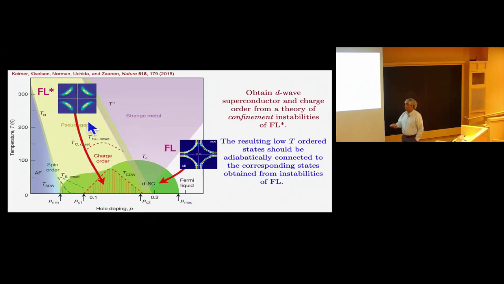In fact, the FL star that I'm going to use, the spin liquid I'm going to put, which we have learned from all the DQCP talks earlier in this workshop, is unstable. So in fact, the particular FL star state I'm going to use is always unstable at low temperature.